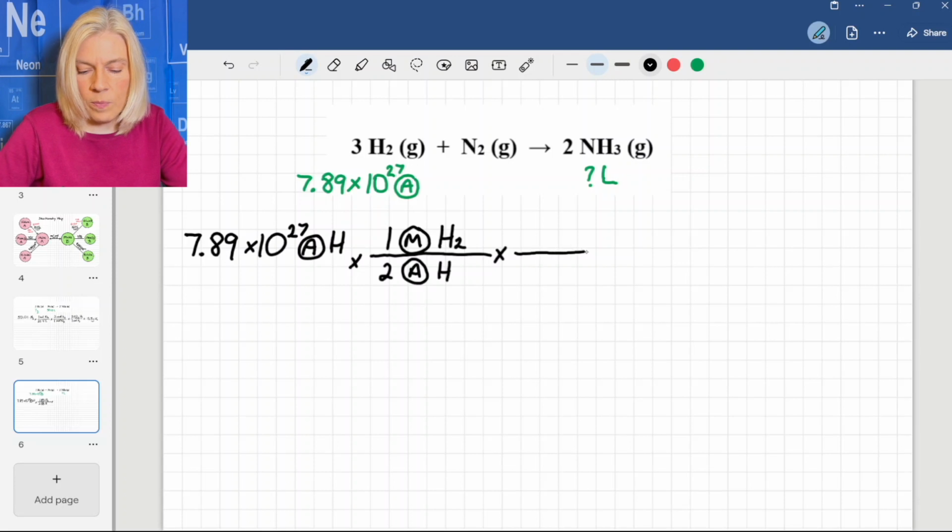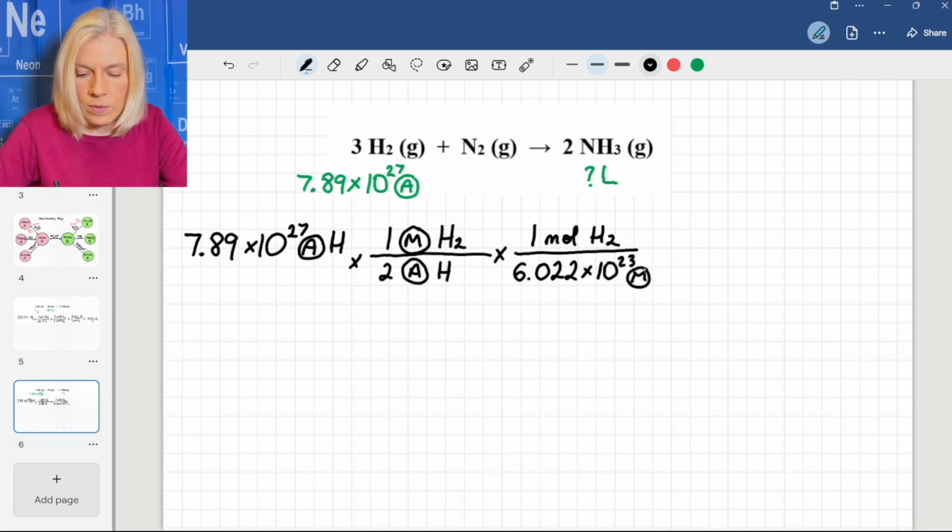So now we have our particles, our molecules. So 1 mole of H2 is how many molecules? 6.022 times 10 to the 23rd molecules of H2.